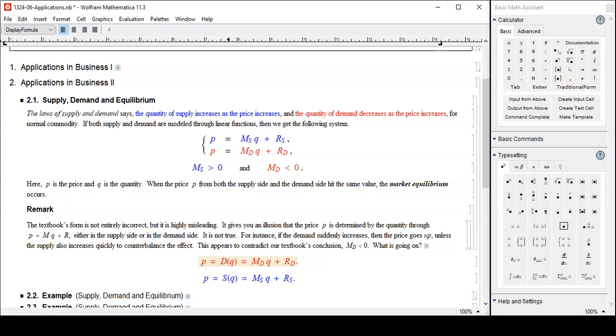If the demand suddenly goes up, what happens to the price? Suddenly, a lot more people want to buy. What will happen to the price? Use your common sense. Price will go up. More demand, price goes up, unless supply also increases very quickly to counterbalance the effect.